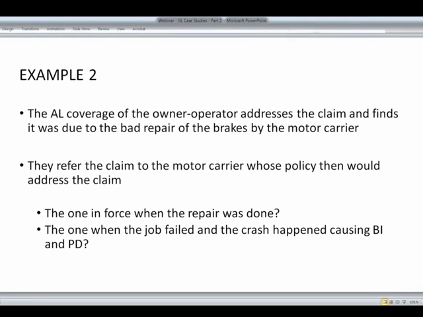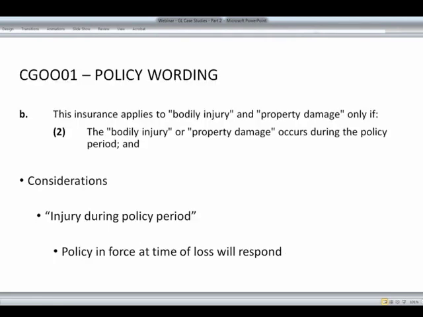As in all cases, we have to look to the policy wording. We find that the policy wording says this insurance applies to bodily injury and property damage only if the bodily injury and property damage occurs during the policy period. So therefore, the policy that would have to respond would not be the one in force when the work was done, but when the work failed and damaged the public.